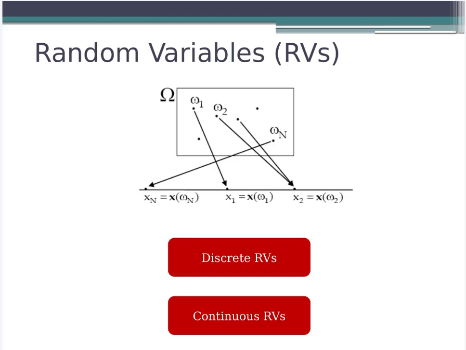But you should pay attention that random variables may be discrete or continuous. You should differentiate in your mind between 2 types of random variables, discrete random variables and continuous random variables. It is clear that discrete random variables take discrete values and continuous random variables take continuous values.